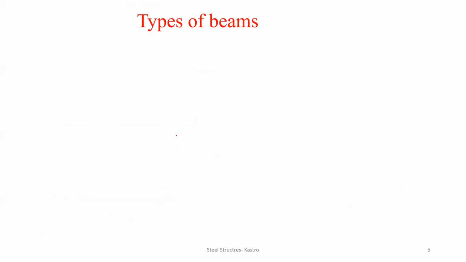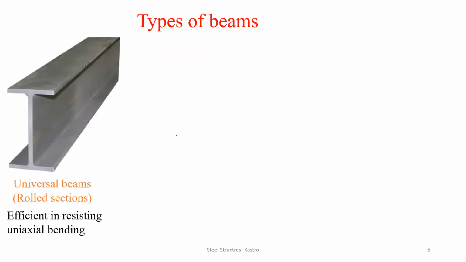And now we look into the very broad aspects of the types of beams. We have 3 broad aspects. The first one is the universal beam, which is called rolled steel sections or rolled sections. So we have the ISMB, ISLB, ISWB, ISHB, right? So we have all the different types of I sections.